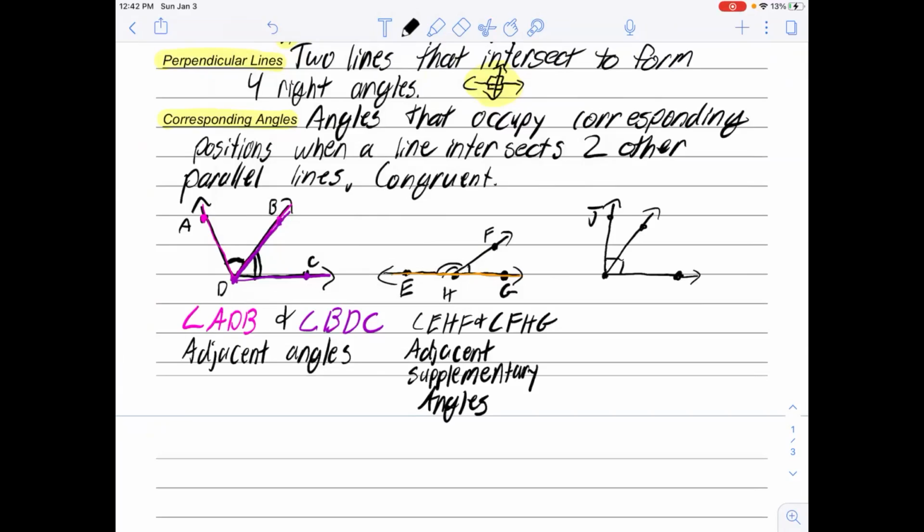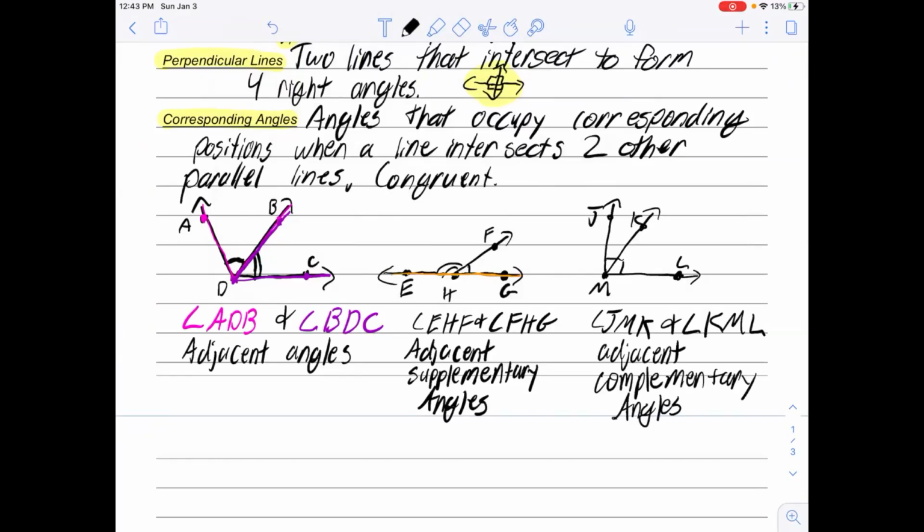I'm going to name J, K, L, and M. Then angle JMK, that's this one right here, and angle KML, which is this one right here, they are adjacent complementary angles. So that is adjacent angles.